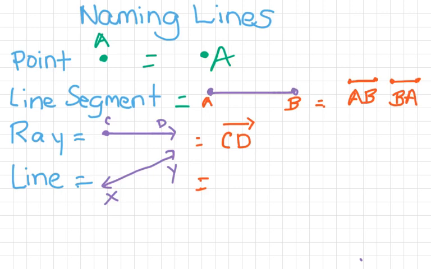So what you will do is you will simply write the letters XY, or YX, and just draw a small line over it. No endpoints, no arrows. If somebody sees these two things, they know you are naming a line.